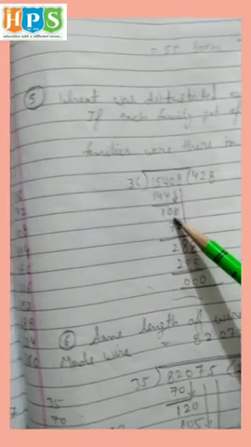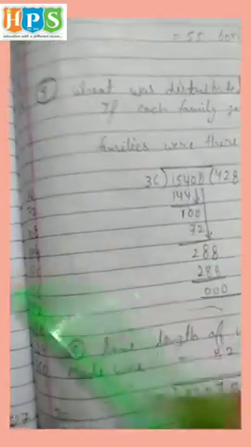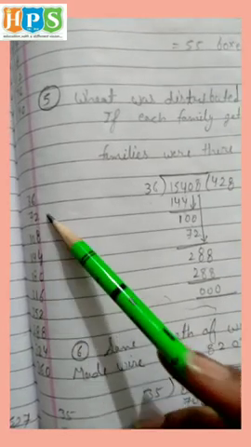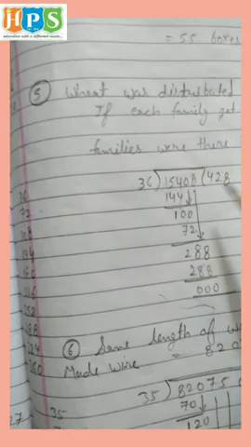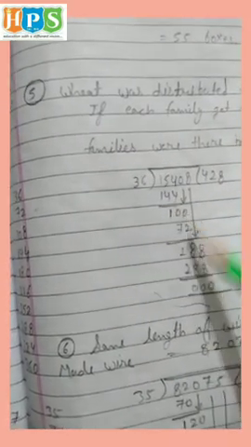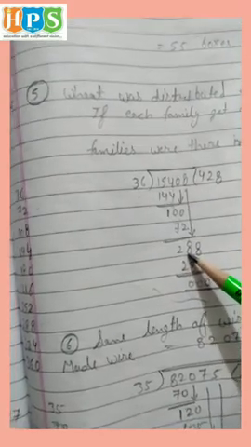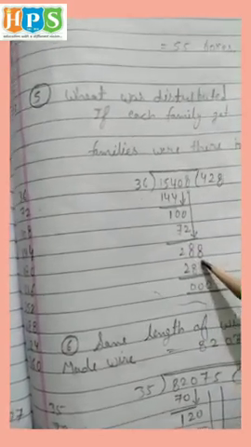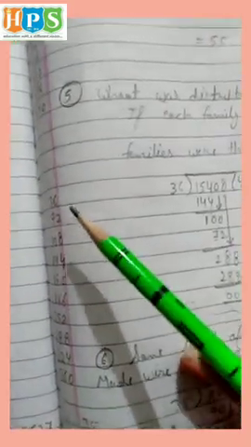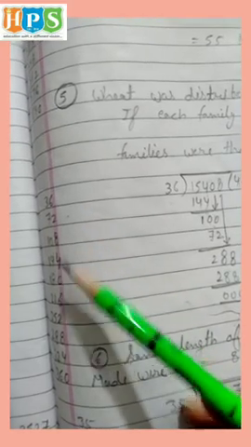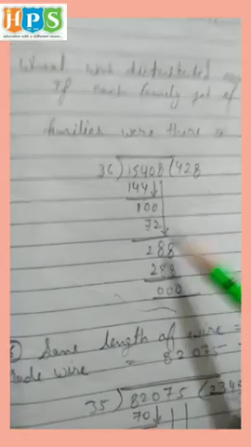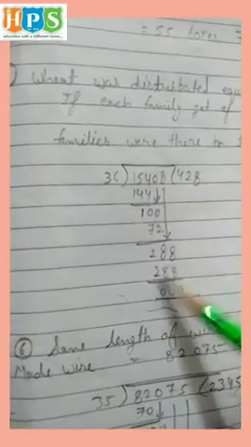We write the next digit to make 100. 100 does not come in this table, so 72. 36 2s are 72. 100 minus 72 is equal to 28, and we write the next number to make 288. 288 comes in this table at 8 times. 36 8s are 288.